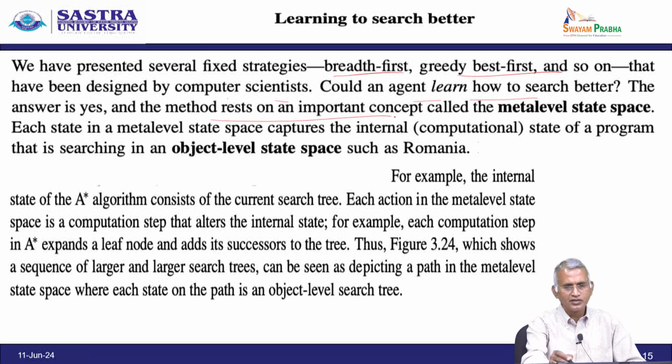The method rests on an important concept called the metalevel state space. Each state in the metalevel state space captures the internal computational state of a program that is searching in the object-level state space, such as Romania. For example, the internal state of the A* algorithm consists of the current search tree.